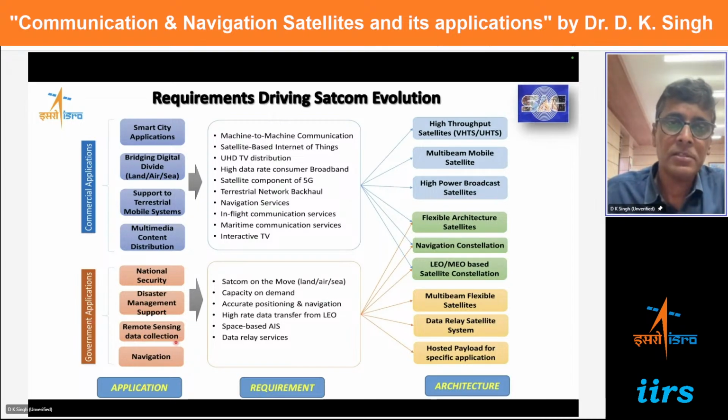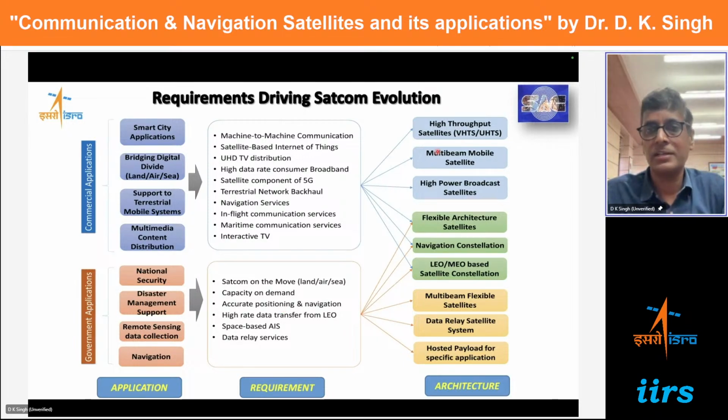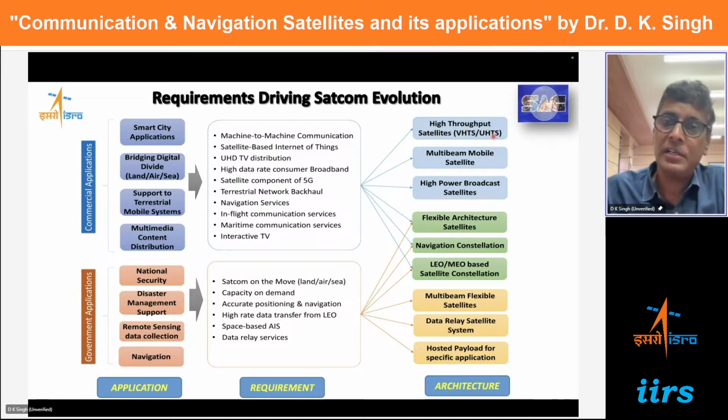So as a system engineer, we map it to the certain technical requirements and then work out the certain architecture, which finally leads to various class of satellites. The latest class of satellite is high throughput satellite, where the large bandwidth is available, where we can use them for the internet service provision and video broadcasting, video conferencing, and so many other applications.